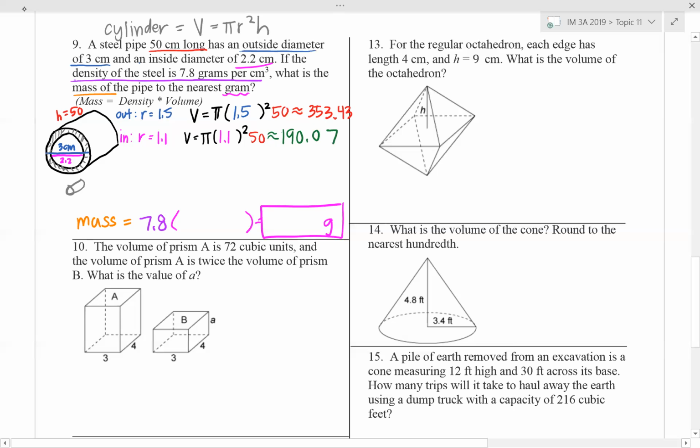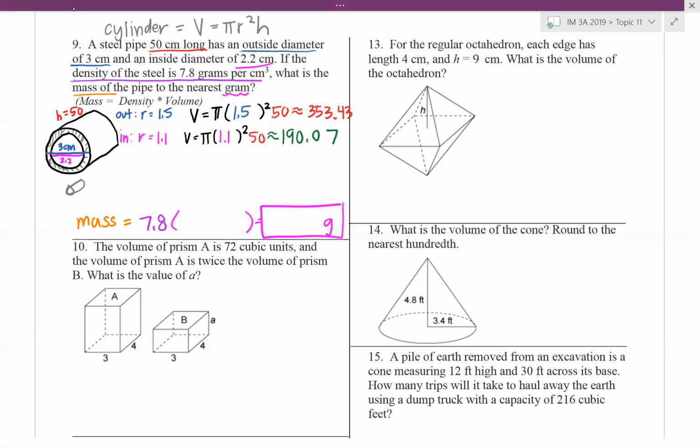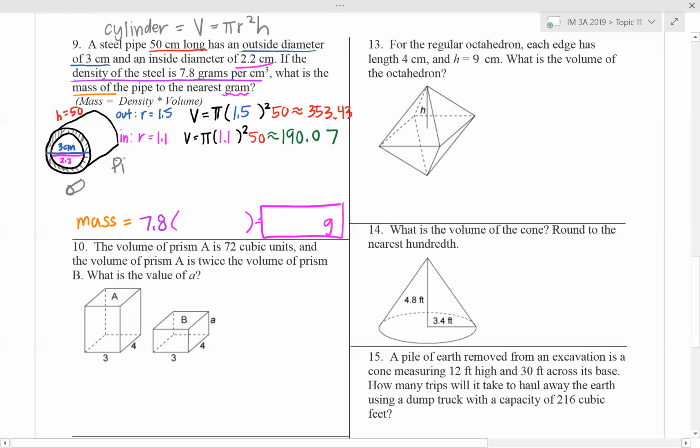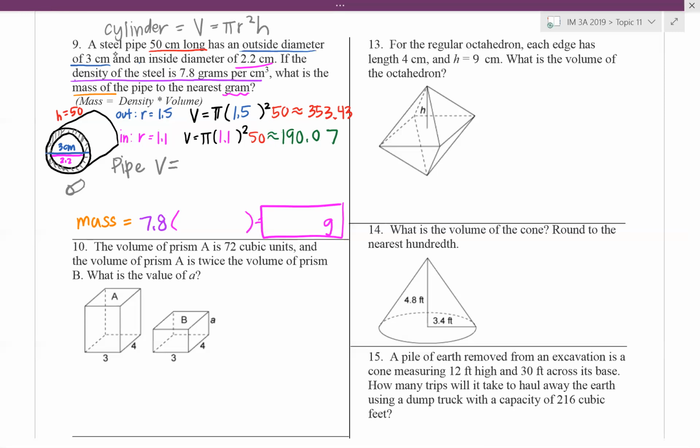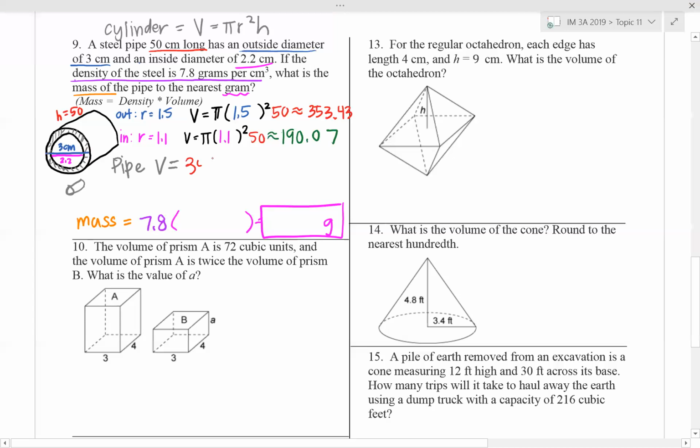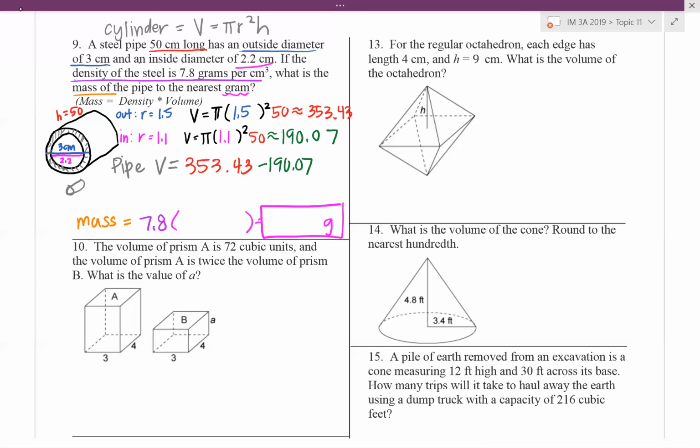And so then that means that the volume of the entire pipe is going to be the difference of those two volumes. So I'm going to take the 353.43 and subtract the 190.07, which gives us about 163.36.